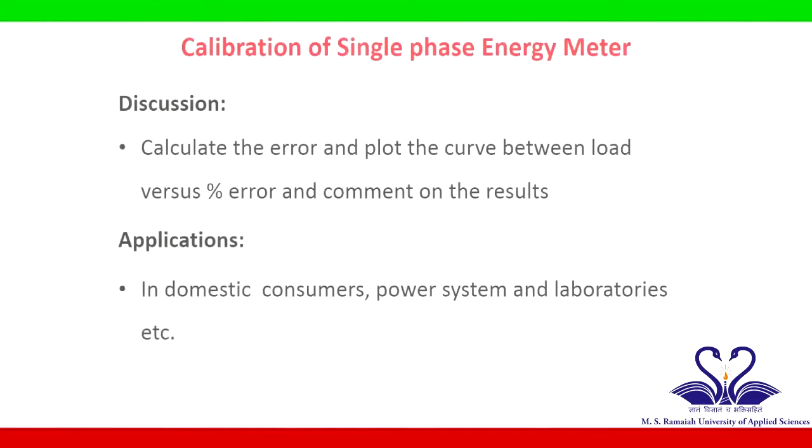Discussion. Now calculate the error and plot the curve between load versus percentage error and comment on the results. Applications. This setup is used in domestic consumers, power system and laboratories, etc.